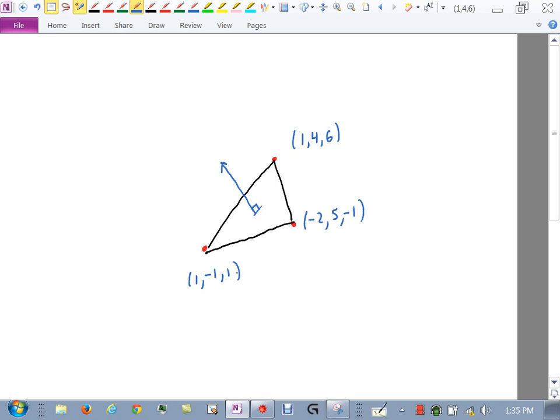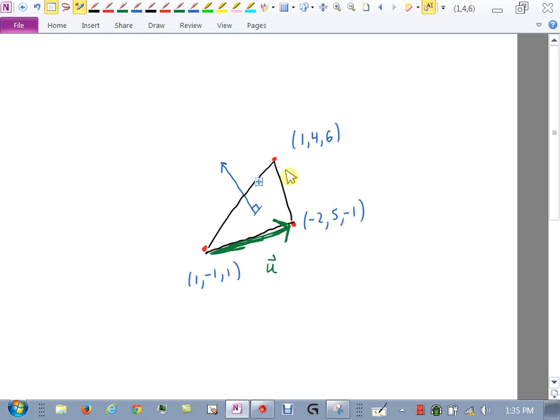So what vectors should we create? It doesn't matter. You just need 2 of them, and those 2 vectors have to live on the plane. So how about I do the vector that goes from here to here? I'll call that u. And then I can take any other vector on the plane. It can go from the point here up to this one.